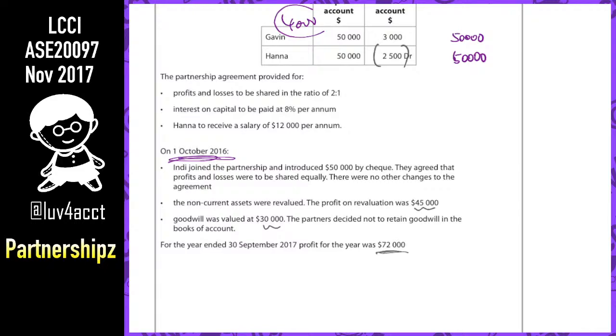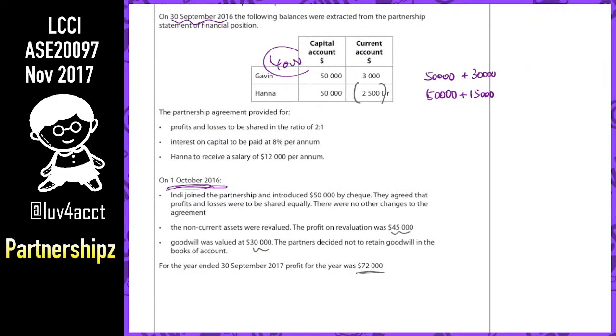And then we have the profit on revaluation being divided by 3, being 30,000, and then 15,000 for revaluation, and then goodwill plus 30,000, that means 20,000 goodwill for Gavin, 10,000 for Hannah. Indy has brought in 50,000.